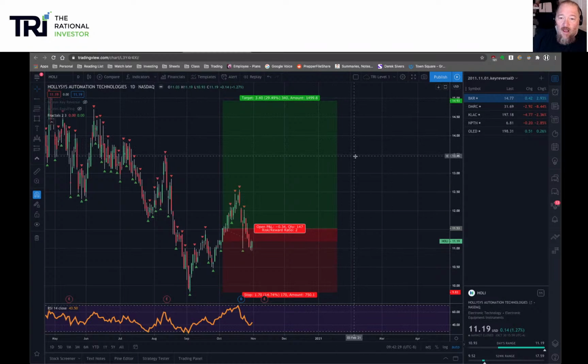A tick in this case is 1 cent, right? We can see that because of how many zeros we have here. It's 1 cent, 1% of the overall thing. So if I know how much money each of those ticks corresponds to, then I can look at this and say, okay, 340 ticks up, I've got 170 ticks down. This is how much I stand to lose, and this is how much I stand to gain.